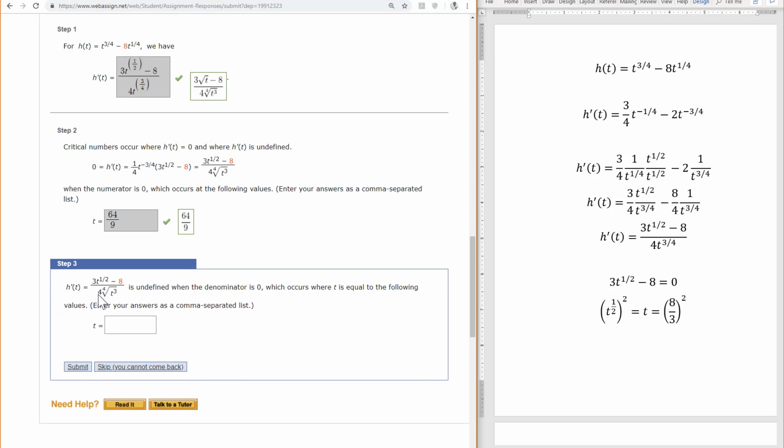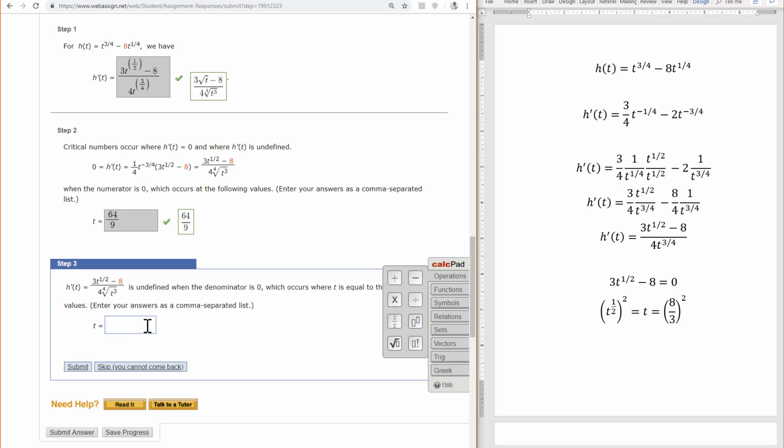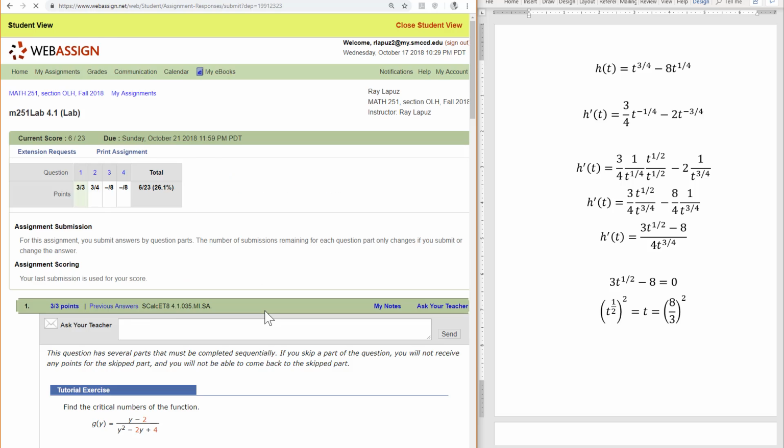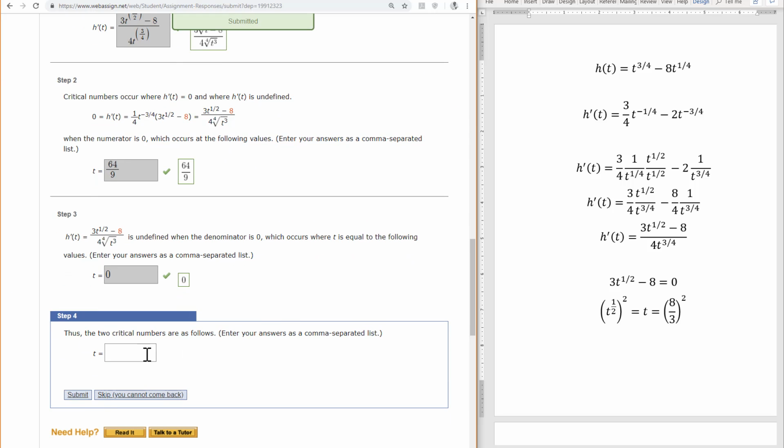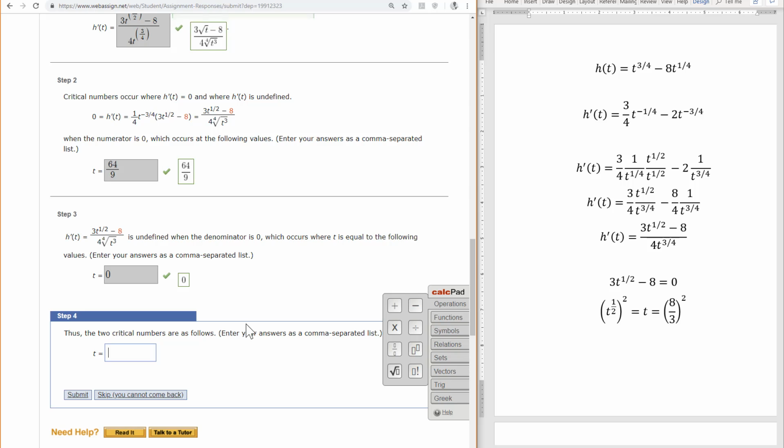And we also want to check when the denominator is equal to 0, but the denominator is just one term. And so we set that equal to 0, and that's going to equal 0 when t itself is equal to 0. So the two critical values we have put together are 0 and 64 over 9.